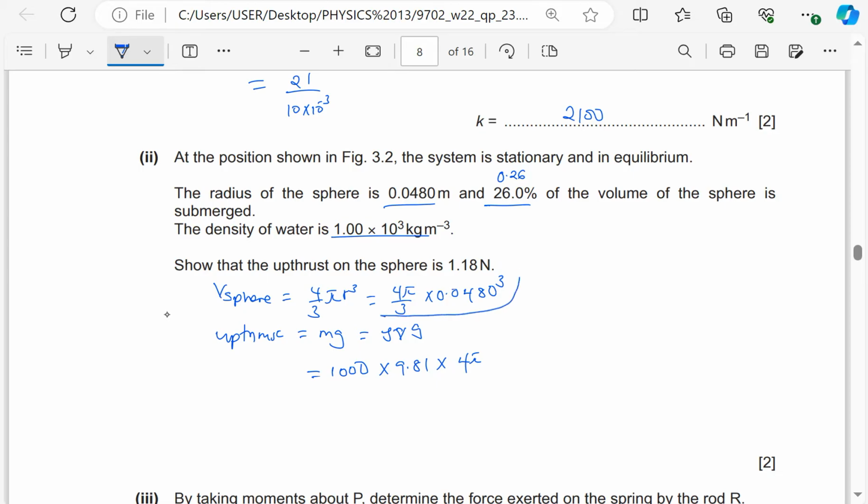By the way, this is the total volume of the sphere, but the volume which it displaces is, remember, this V is the volume displaced. So this is going to be 4 pi over 3 times 0.048, but this is the total volume of the sphere. But to get the upthrust, we need the volume of the sphere displaced, because the upthrust is equal to the weight of the fluid which is displaced.